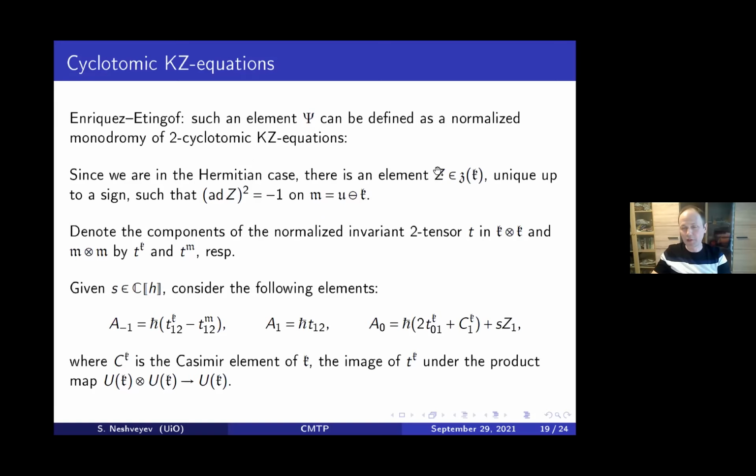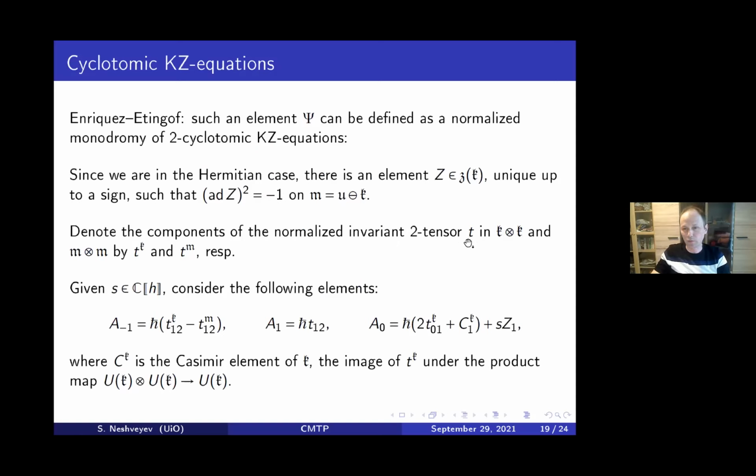In the Hermitian case, remember that this case corresponds to the assumption that the center of this fixed point Lie algebra K is one-dimensional. So we have this unique element up to scalar, and we normalize it in this way. And then we define the following elements.